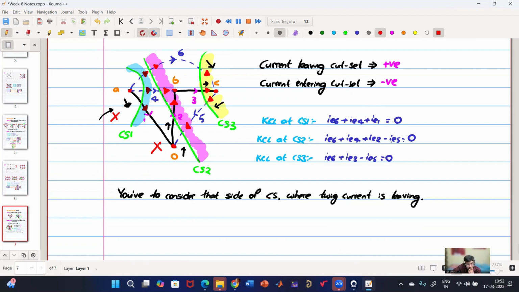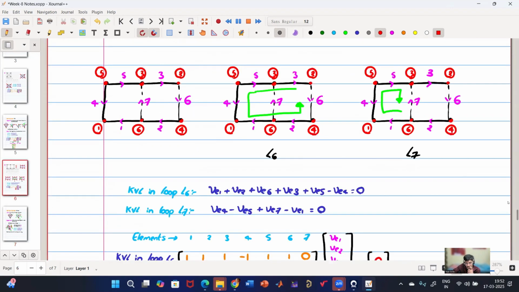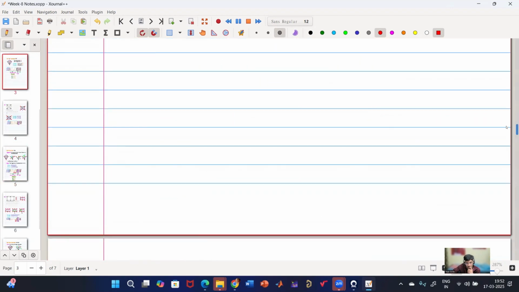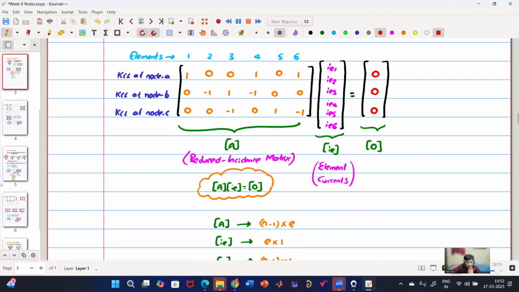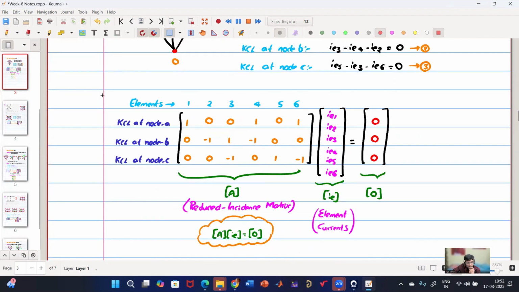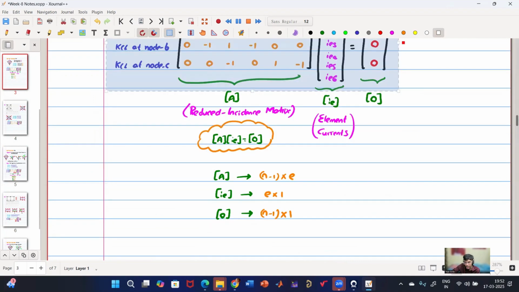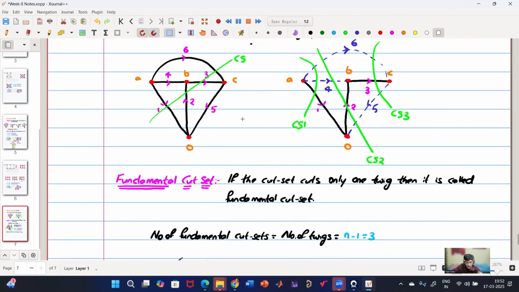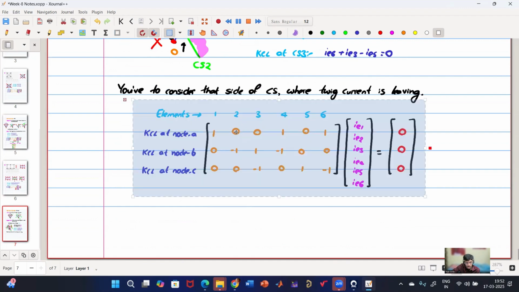Okay, sir. Clear now or still confused? Clear, sir. Clear. Everyone? Yes, sir. Okay. Maybe once we write the matrix, then it will be more clear for you. Okay, so this is the matrix.